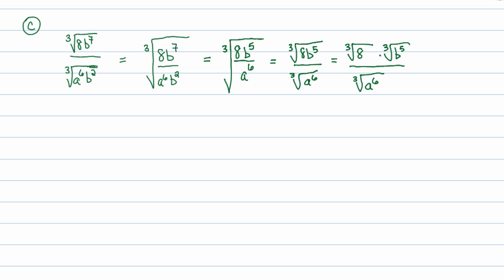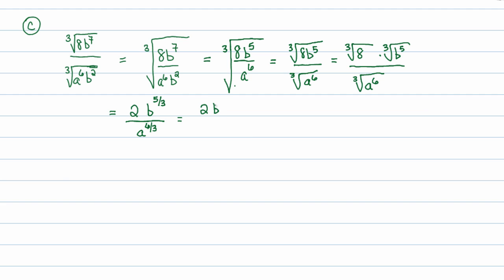All right. So going back into this example, I see this is equal to the cube root of 8 is just 2. And I'm going to rewrite this second factor up top as a rational exponent, so b to the 5/3. It's often much easier to do that. Downstairs I'll do the same thing, a to the 6/3. I'll simplify these rational exponents, so I have 2 times, let's see, I'll write that as a mixed number.